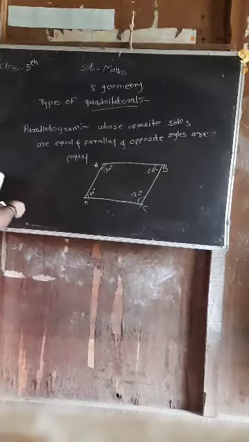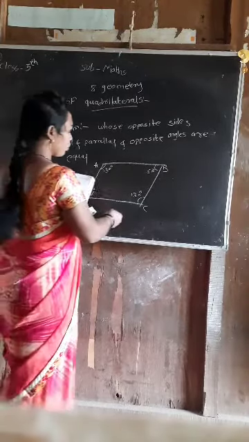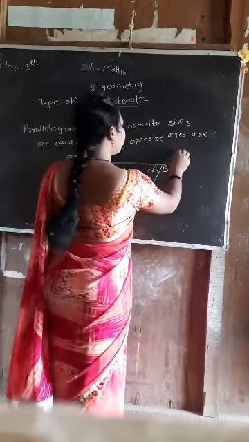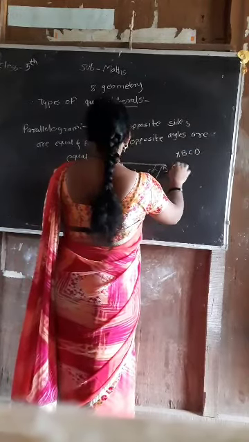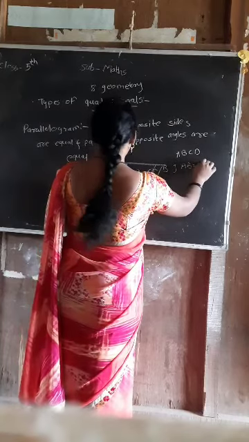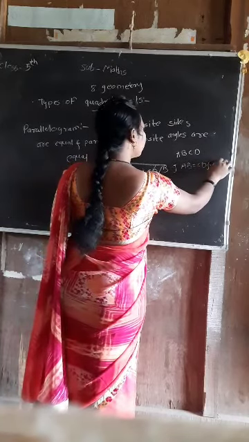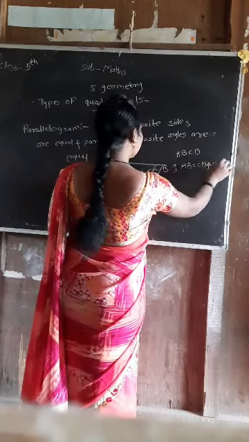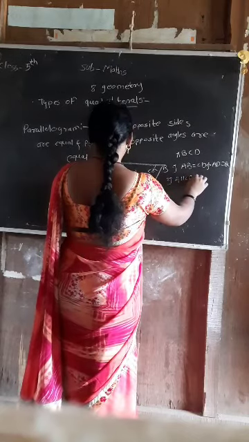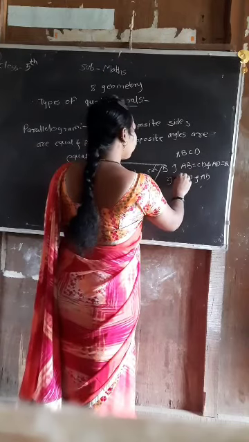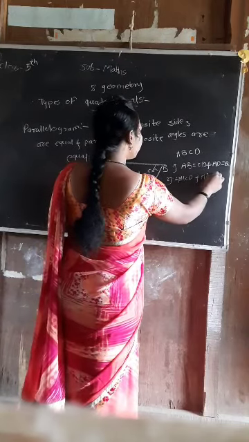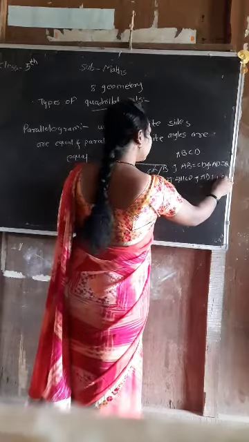In general, we have given quadrilateral ABCD. First one is AB is equal to CD and AD is equal to BC. Second one is AB parallel to CD and AD parallel to BC.